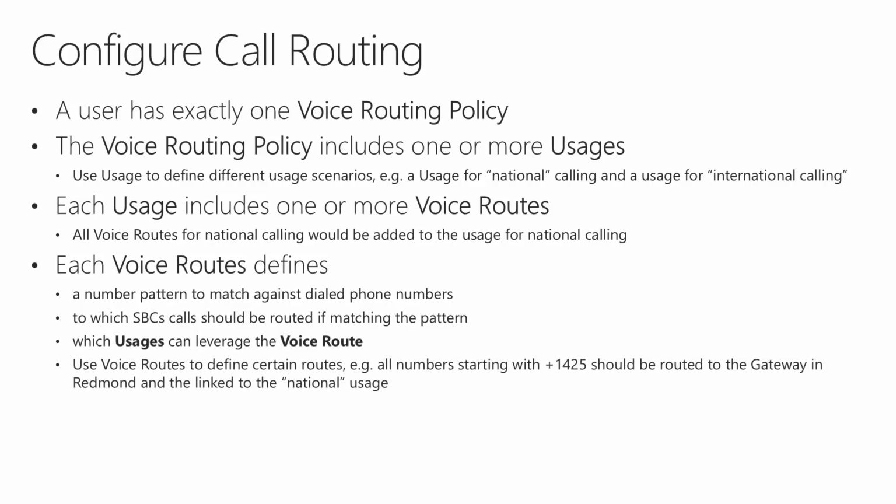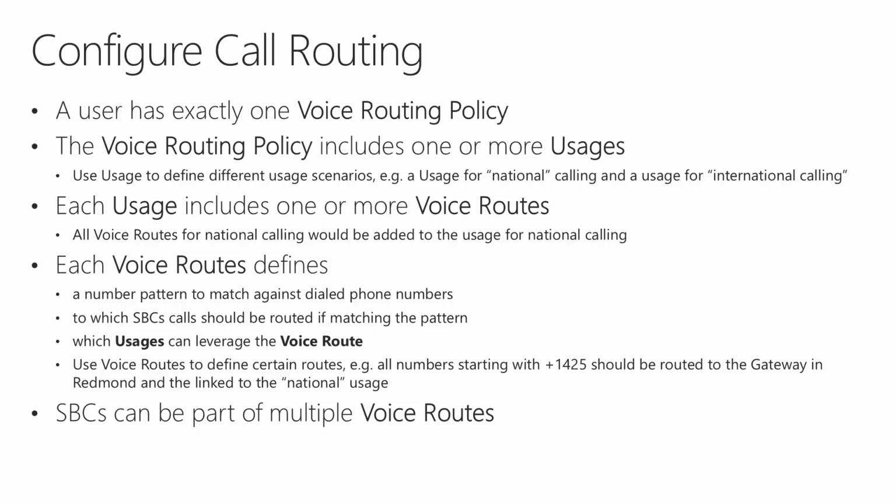So, example again, the voice route will be used to define certain route for all numbers that start with +425. They should be routed to the gateway in Redmond, because this is actually the Redmond or Seattle area code. And this should be linked to the national usage so that if a user has a routing policy, including the national usage, they can leverage this voice route whenever they dial +1425.